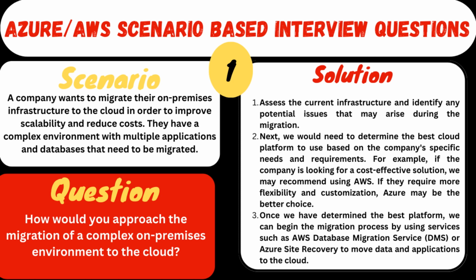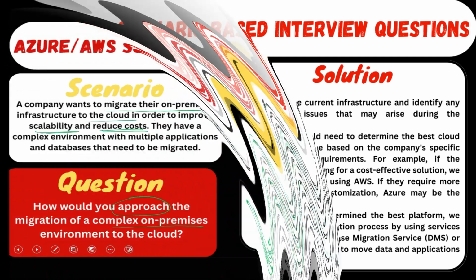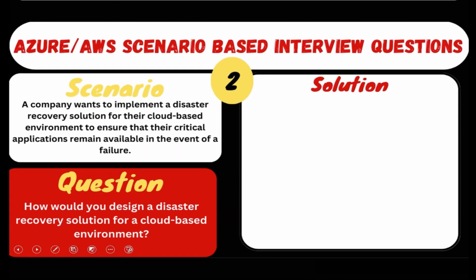Let's talk about the next scenario. In the next scenario, you can see a company wants to implement a disaster recovery solution for their cloud-based environment to ensure that their critical applications remain available in the event of a failure. So how would you design a disaster recovery solution for a cloud-based environment?